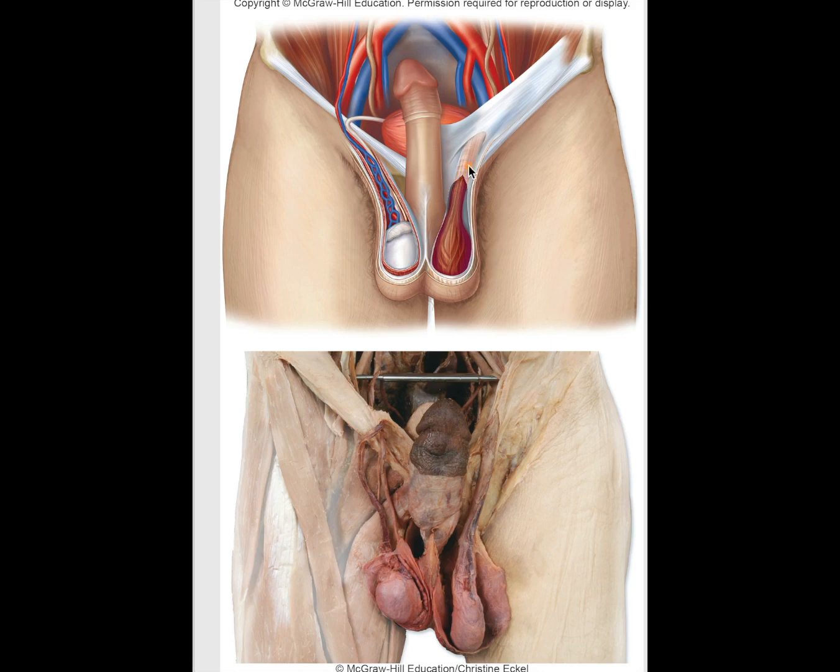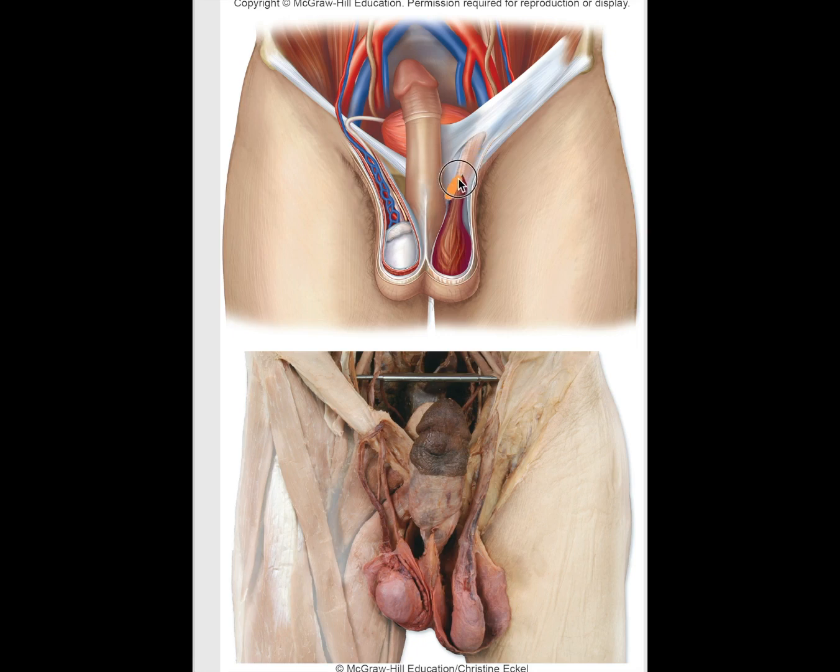And the spermatic cord is going to enter in through the inguinal ligament, and it gets tunneled in through the inguinal ligament. So we have the external or the superficial inguinal ring.